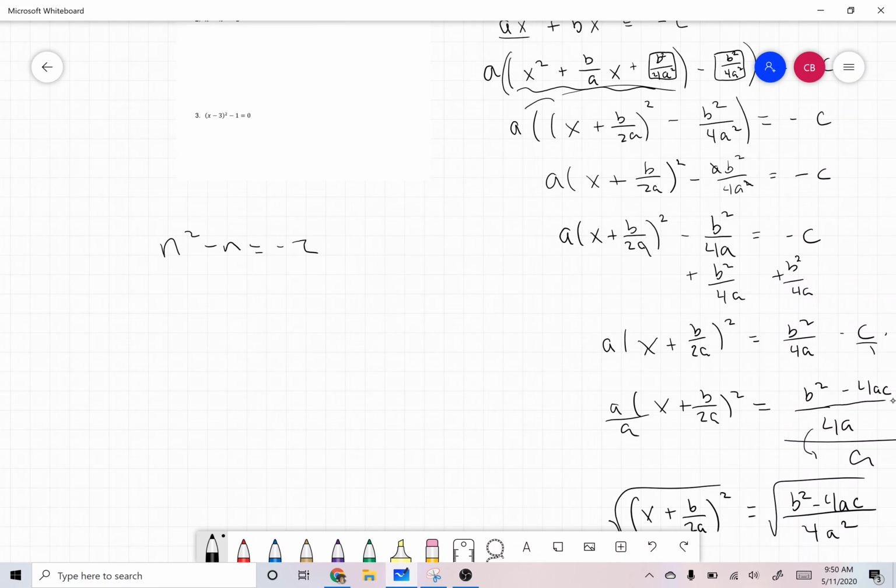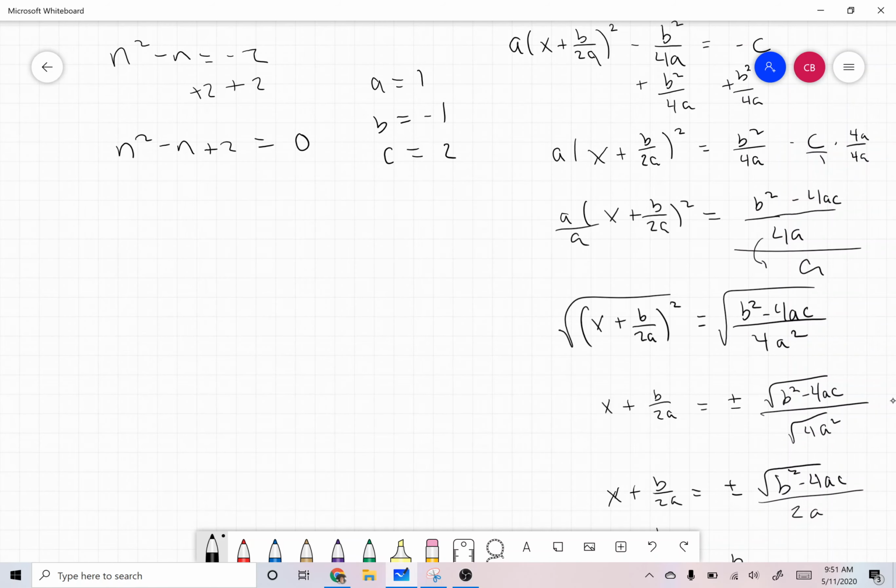Okay, so let's get this in standard form. We're just going to move this 2 over. We have n squared minus n plus 2 is equal to 0. So a is 1, b is negative 1, c is 2.